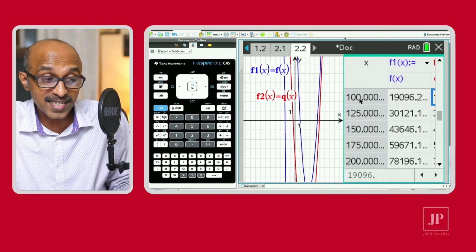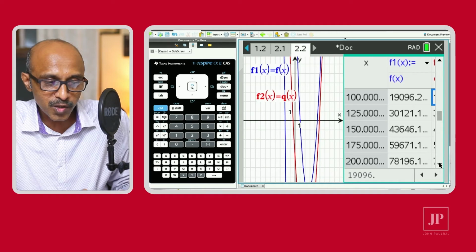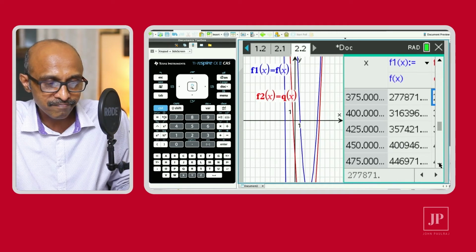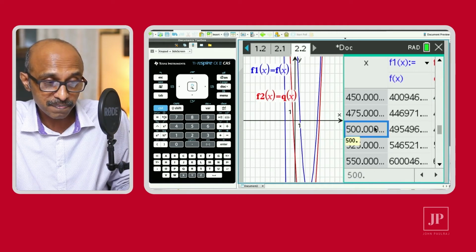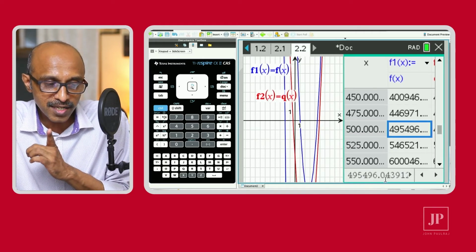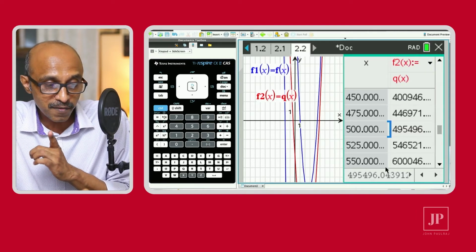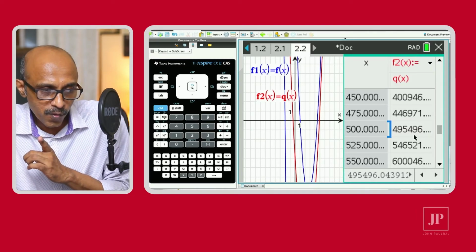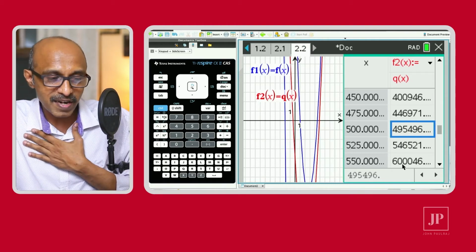Wow, that says something. Let's just scroll down to x equals 500. Here, the value of the rational function is 495,496.043. And the corresponding value here is 495,496.04. I was literally very excited at that point in time.